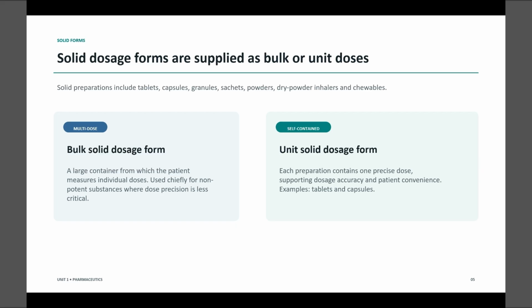Generally, this form is typically used for non-potent drug substances where the accuracy of the individual dose is not critical. With a highly potent drug, even a small difference in the dose may cause serious complications. So only non-potent drug substances can be delivered as a bulk solid dosage form.